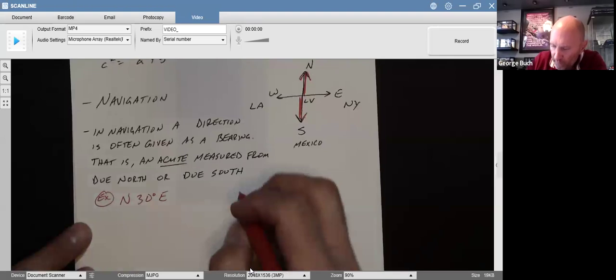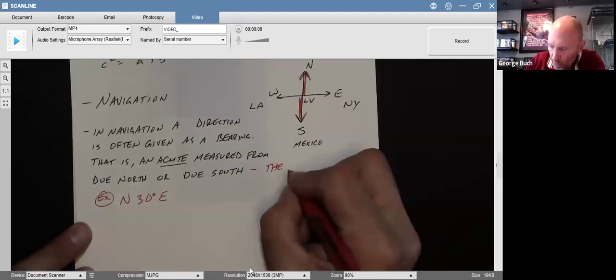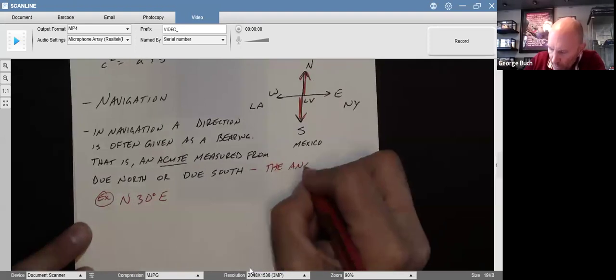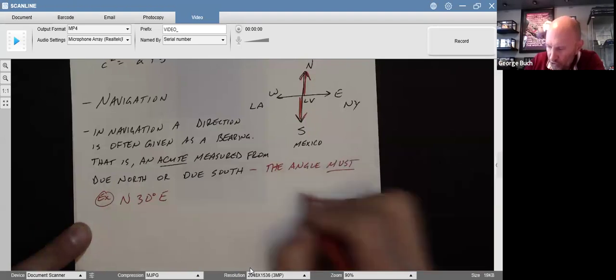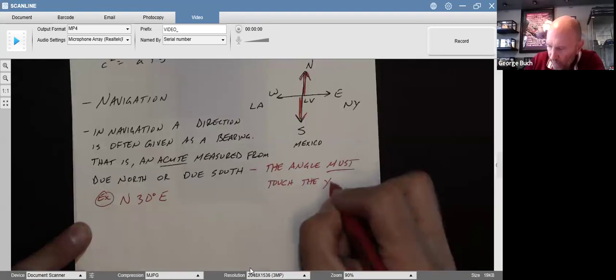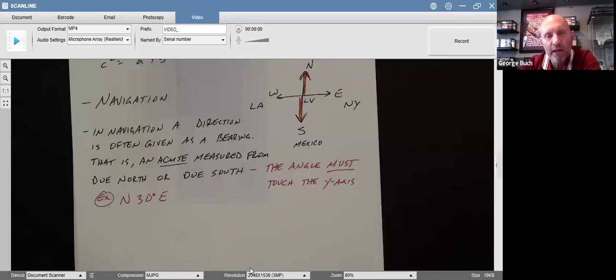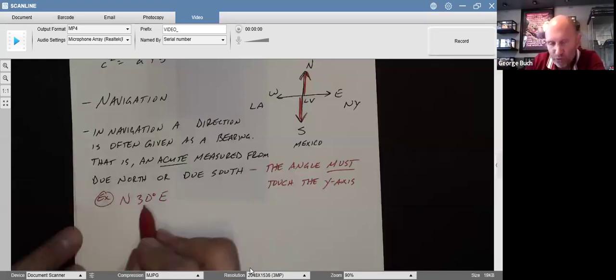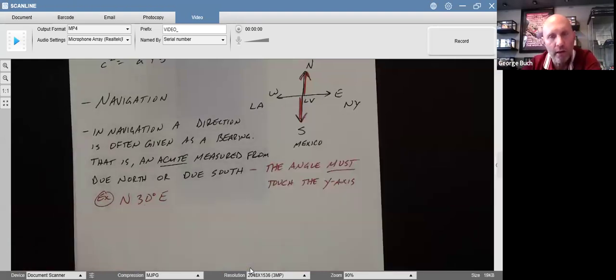When I draw this, the angle must, absolutely must touch the y-axis, because that's my due north and that's my due south. If I draw a picture and this angle that's given to me is touching the x-axis, my problem is completely wrong. I've drawn it incorrectly.